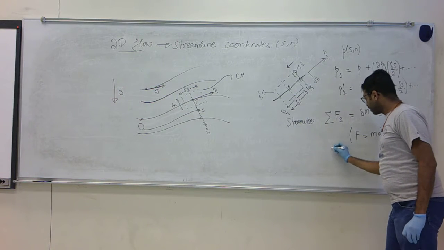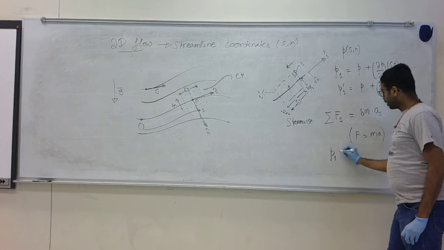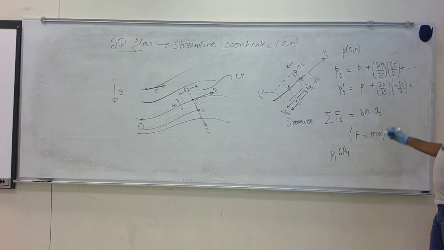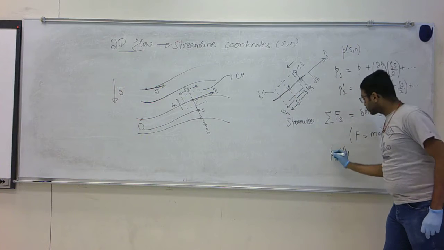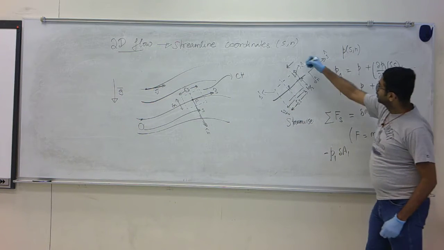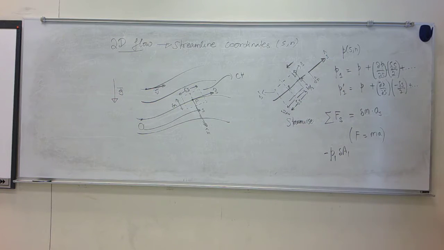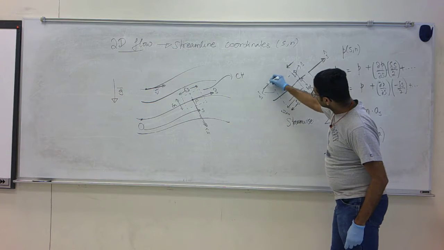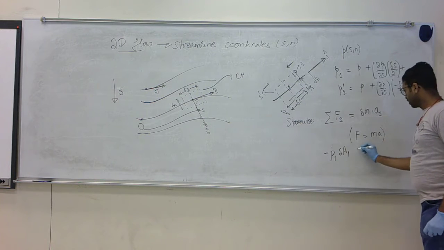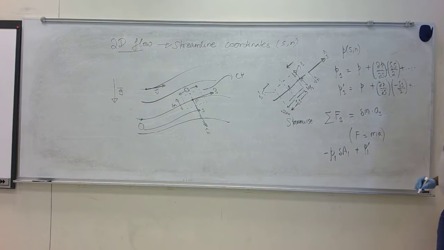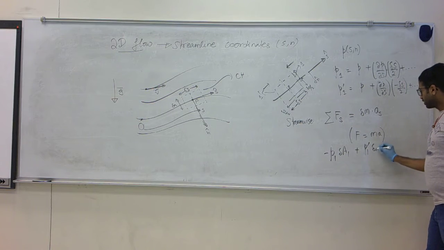So I am going to write P1 times the area of face 1, and it is pointing the other way, so I'll add a negative sign here, pointing the other way to the s cap direction. And then I have the force on this face 1 dash, so I'll write the pressure on face 1 dash times the area of face 1 dash.